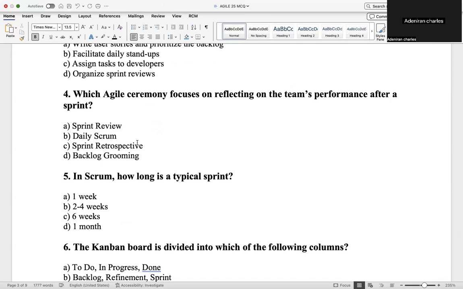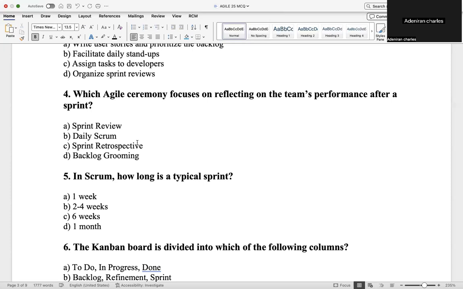First, it's not a sprint review. Why? Because to me it seems like sprint review is when we are reviewing what's in the sprints and assigning key responsibilities at that level.